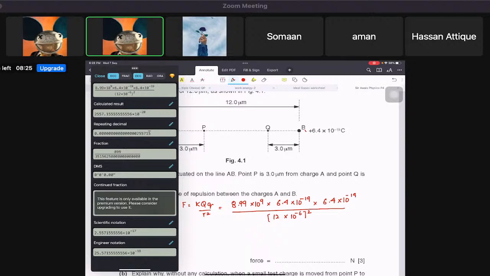So that's 2.6 times 10 raised to power minus 17 newtons. Is it clear, everybody? Any questions? Let me know.